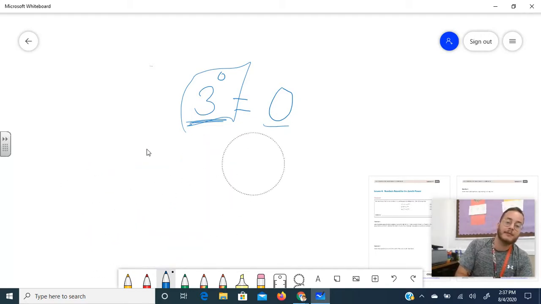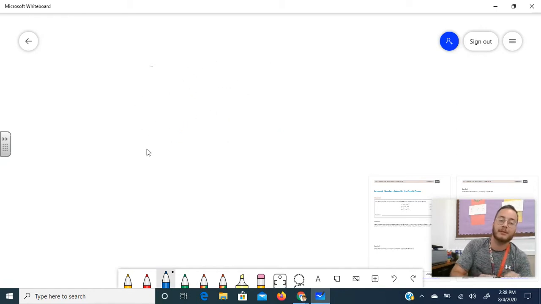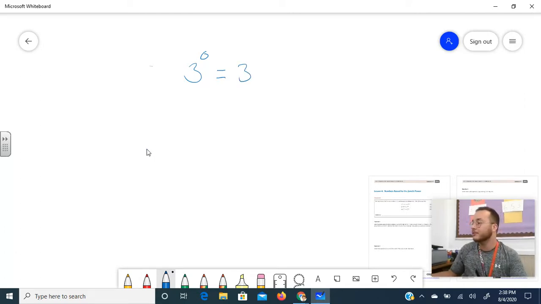So I'm going to give you a second. What else do you think it could be if I have 3 to the 0th power? What does that equal? I'm here to bet that you said that it is 3. Well, let's use one of our rules again. The reason that this cannot equal 3 is because remember that we said 3 to the 1st power equals 3.